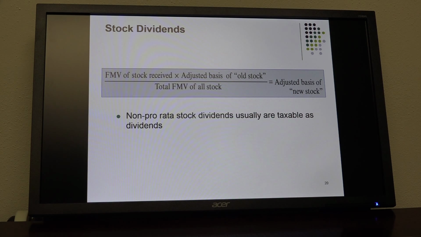And so you have this formula here: the fair market value of the stock received times the adjusted basis of the old stock is your numerator, and the denominator is the fair market value of all stock. And so that's going to be the adjusted basis of the new stock. They have an example in here.